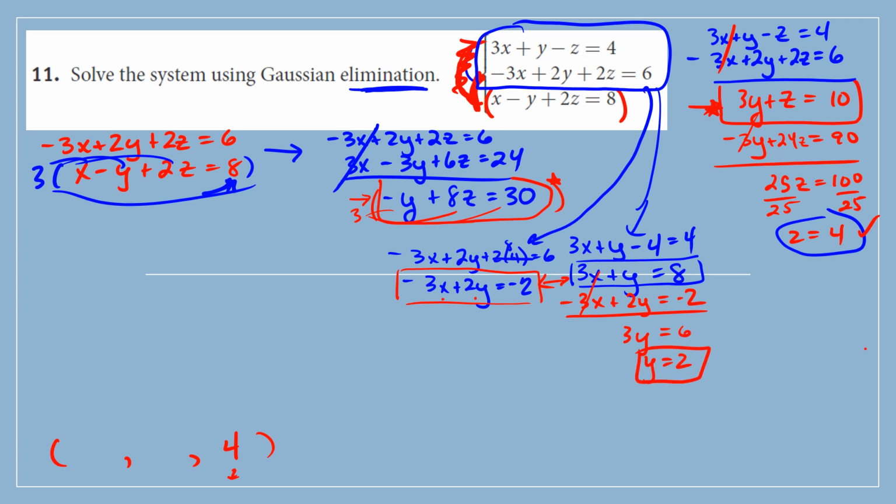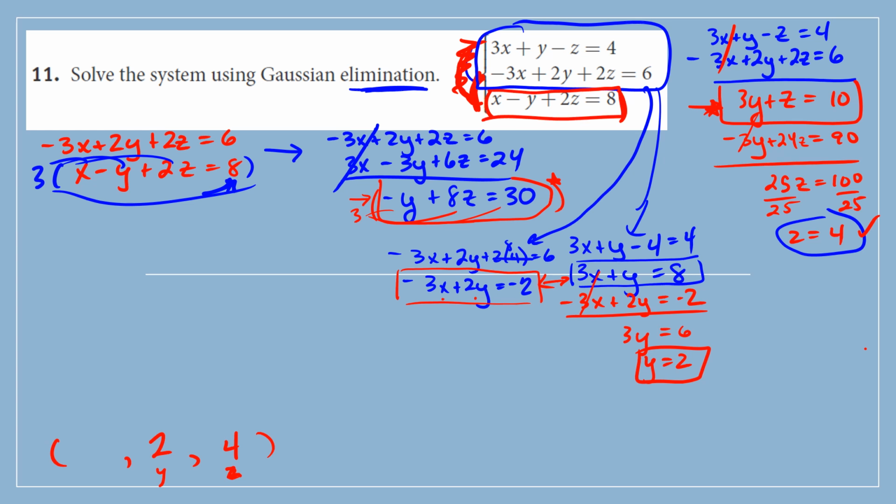So now I know another piece of the puzzle. Y is 2. So if z is 4 and y is 2, now I can just use any equation I want and plug those two in. So I'll just use this third one. It's pretty simple here.